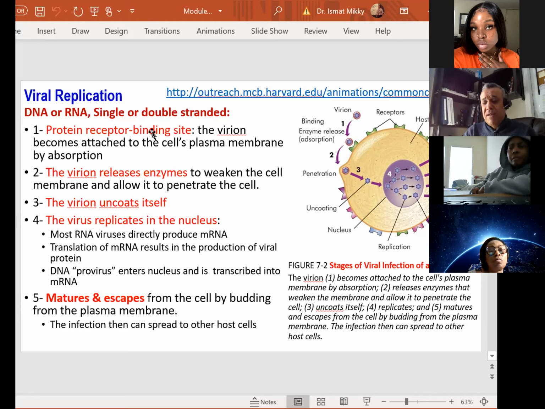Once it injects itself into the cell, it becomes harmful and infects the cell, and then the cell will do something called budding, and then cell division, which results in producing more infected cells. The virus replicates in the nucleus. Replication takes place in the nucleus.